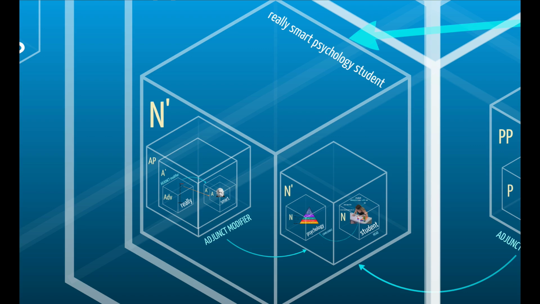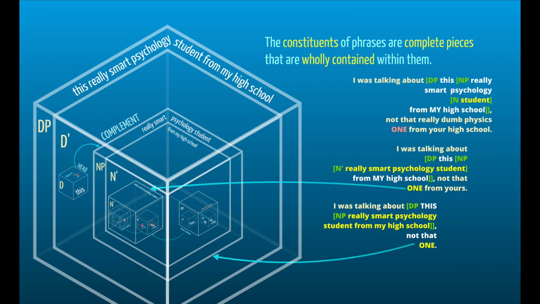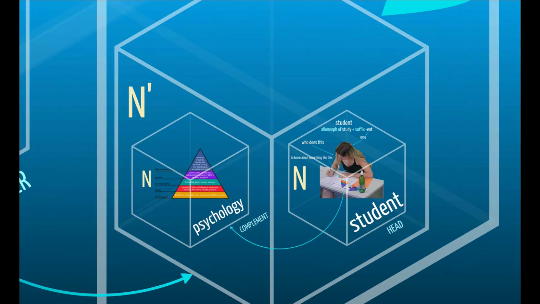We also have evidence that psychology is a complement of student. This is so because the model has psychology and the head of the NP, student, forming an N-bar together. Because of this, student is not itself an NP or an N-bar, and therefore cannot be identified by the pronoun one.